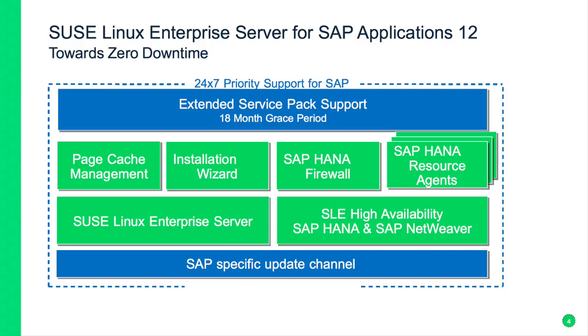And if maybe it's a SUSE issue, then the SAP people will hand this over to a SUSE supporter, who is directly sitting in the SAP ticket system. So you don't need to open a second ticket. So it's still handled through the SAP ticket system. And the extended service pack support.